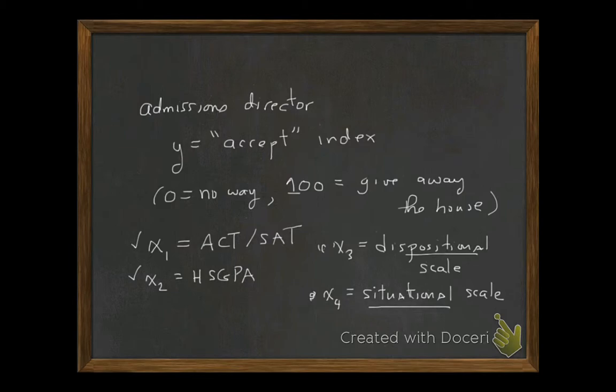But you would probably use a pre-existing test to develop those. So the admissions director would like to know if he or she can eliminate these. There's a model that's been used at other universities, and the admissions director is trying to create one at his or her university with easier to get data, ACT and high school GPA.